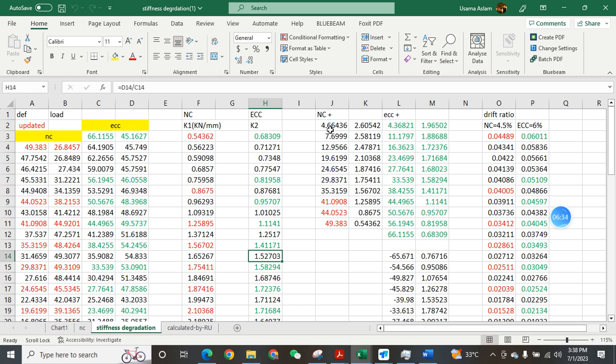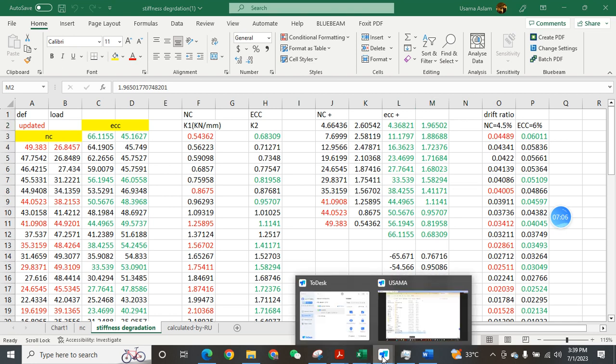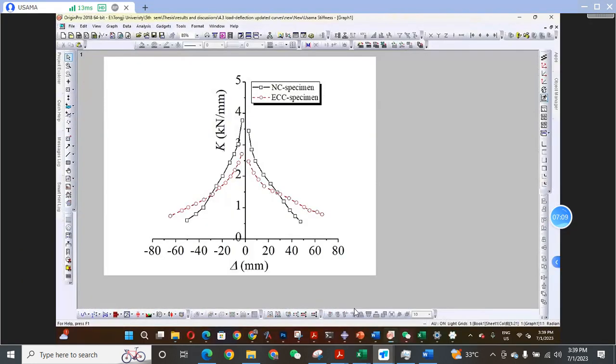And also here, this is the deflection against it, 0.5, 49, 0.8, 44. The same process is used for the ECC. You arrange it in descending order, larger to smaller, and then the deflection against it. When you get these values, you can draw it in Excel, but I actually used Origin, and that gives a better curve.